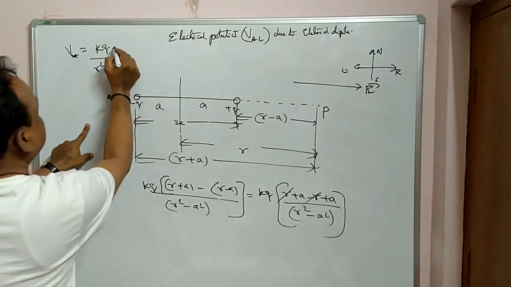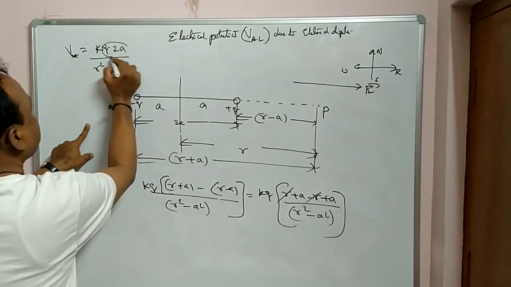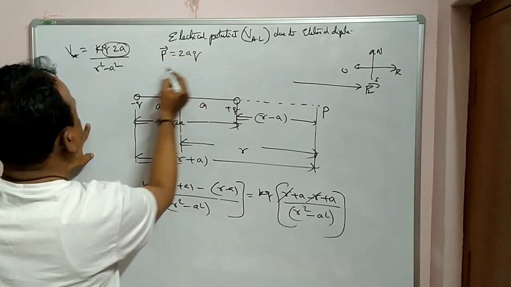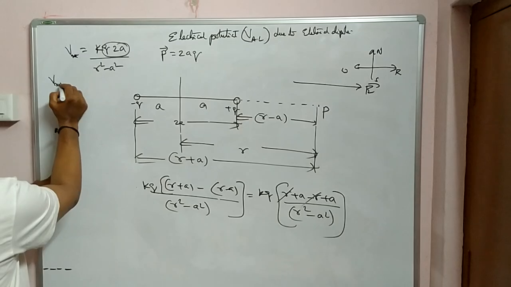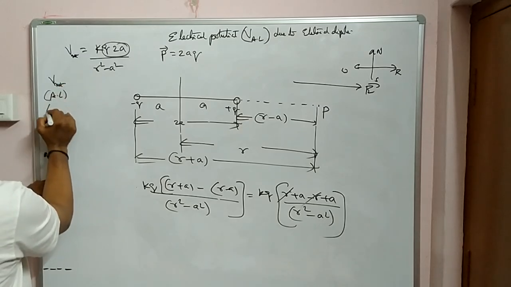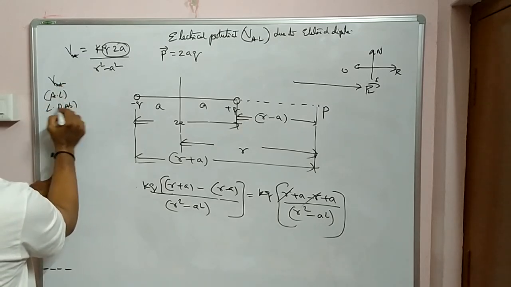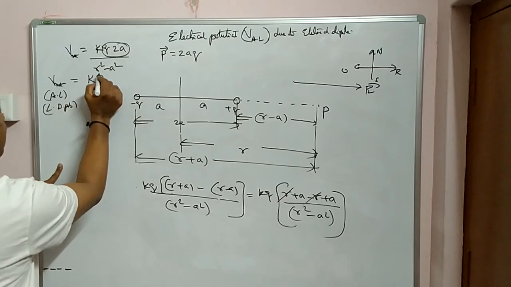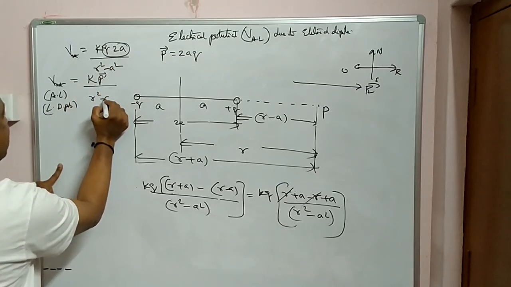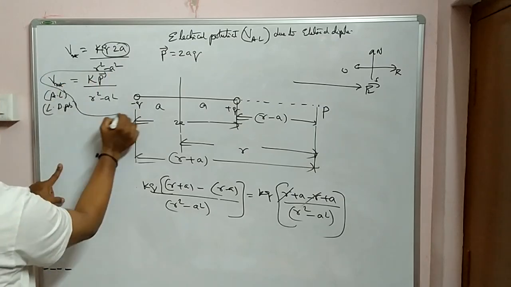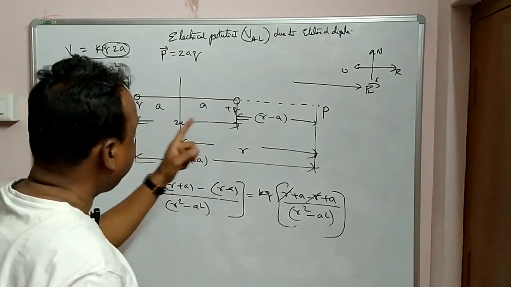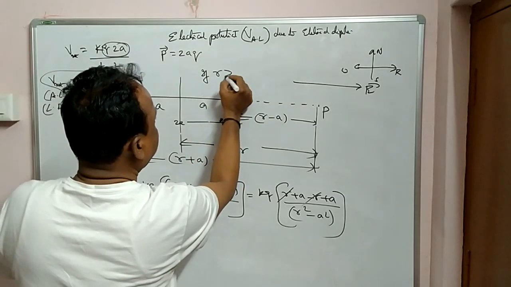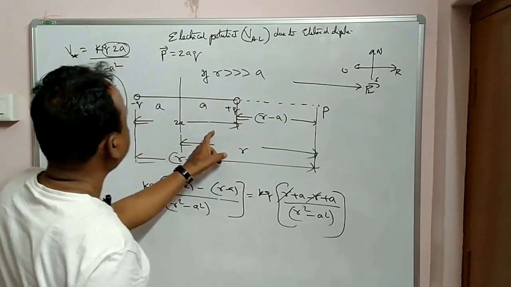The separation is 2a. Now we all know 2aq is the dipole moment, p is equal to 2aq. Therefore V net on the axial line for long dipoles is equal to k into p vector by r square minus a square. But for example, if r is very much greater than a, then what happens?